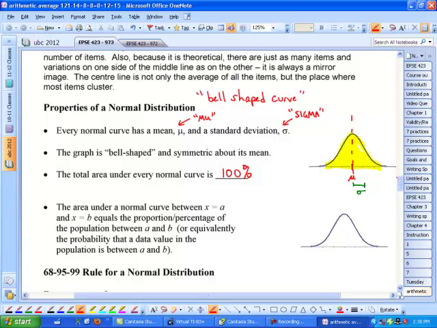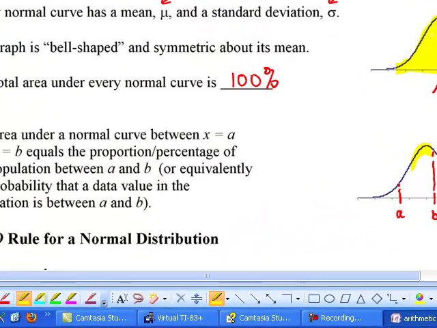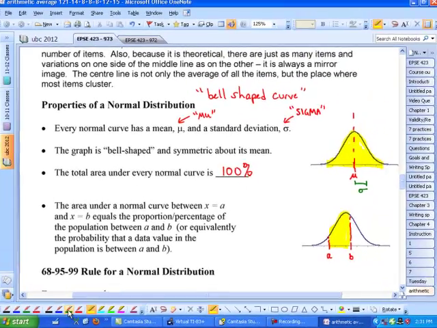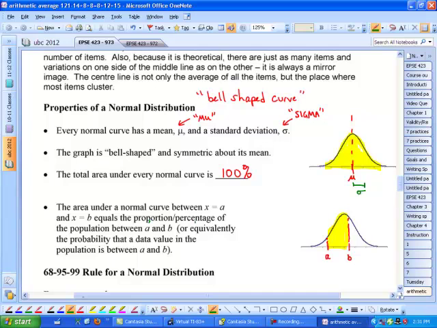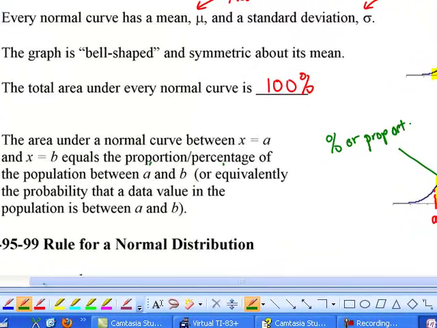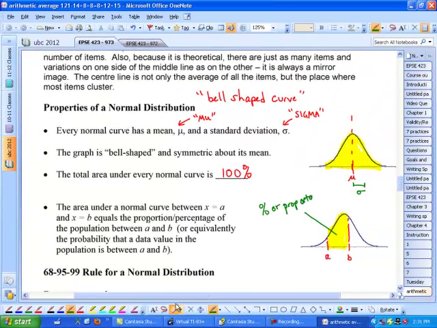So let's pretend I've got this value here that's called A, and over here I've got B. If I were to ask you to find the area under the normal curve between the values of A and B, what I'm really asking you is to figure out the proportion or the percentage of the population that lies in between those two values. So really this is the percentage or the proportion. I can't spell proportion.